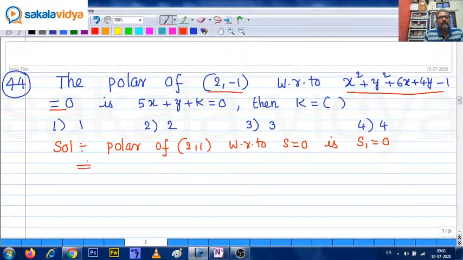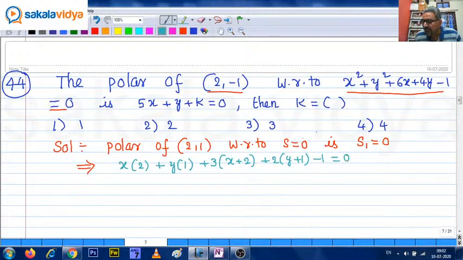So the equation is x into 2 plus y into 1 plus 3 times (x + 2) plus 2 times (y + 1) minus 1 equals to 0. We need to simplify it: 2x + y + 3x + 6 + 2y + 2 - 1 = 0.